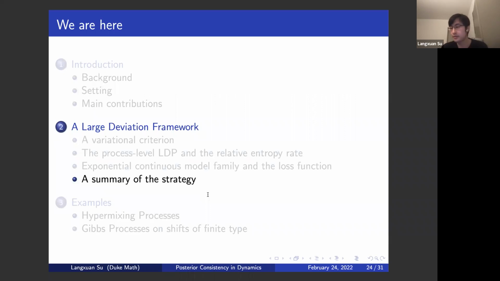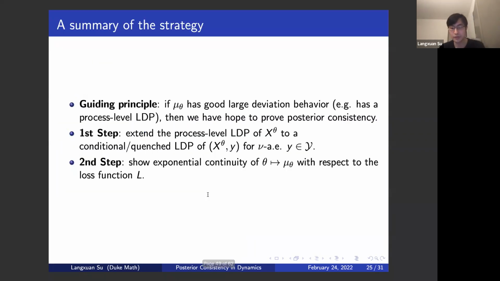So to summarize, I think it's almost 1 hour, it's a good place to stop. So in summary, the message I want to convey here, despite all the technical details, is that we developed a framework to prove posterior consistency that's quite general and also very flexible.